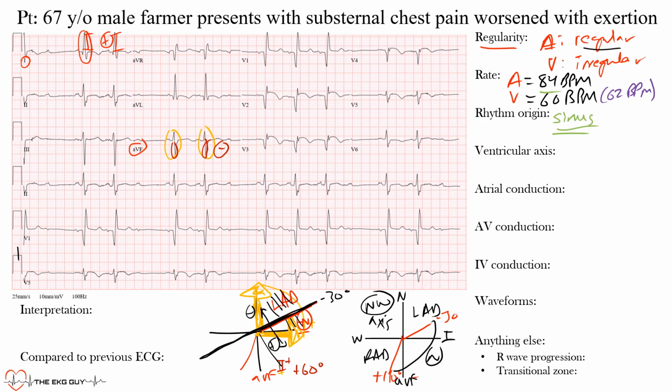So if we look at lead 2 and you measure, here's baseline, here's the positive and negative. It's actually almost isoelectric, meaning that it's pretty much on this line, on this -30 degrees. Because of that, we have somewhat of a normal axis or borderline left axis deviation.